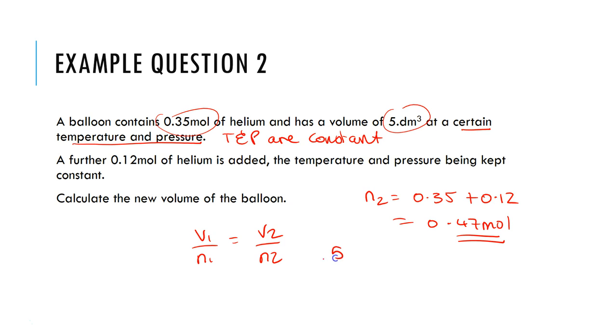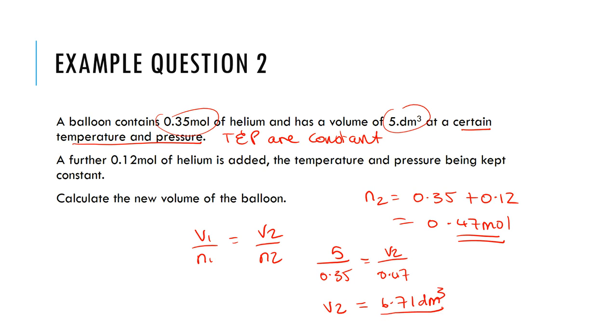I have 5 divided by 0.35 is equal to V2 over 0.47. If I work this out, multiplying both sides by 0.47, 5 divided by 0.35, multiplied by 0.47, we are going to get 6.71, and my units again, decimeters cubed.